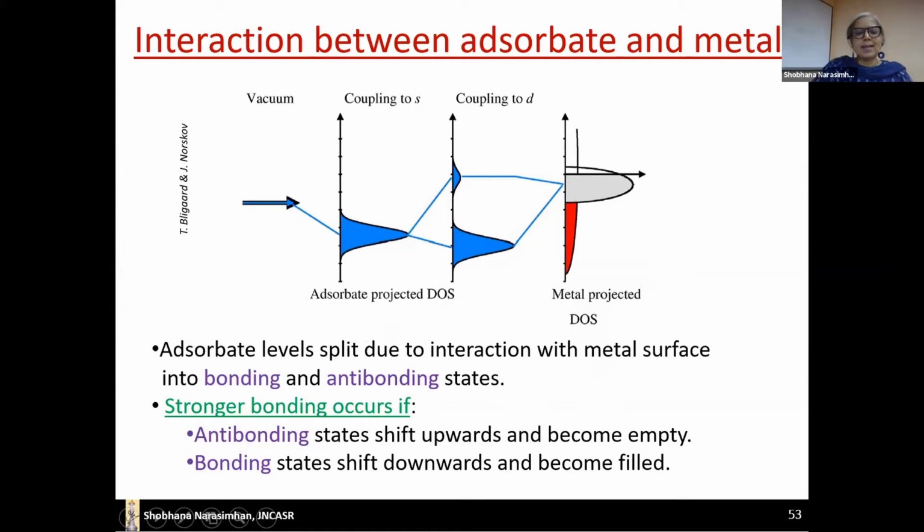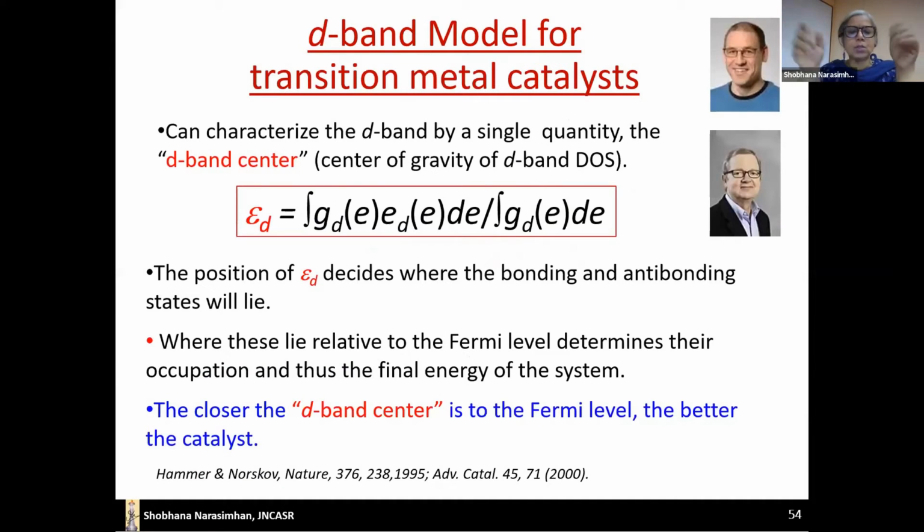It couples to the S electrons of the catalyst and it broadens, and then it couples to the D electrons and it splits into bonding and anti-bonding states. You have stronger bonding if the anti-bonding states shift upwards and become empty, and the bonding states shift downwards and become filled. Okay, now I want to finish up soon, so I won't go into much detail about it.